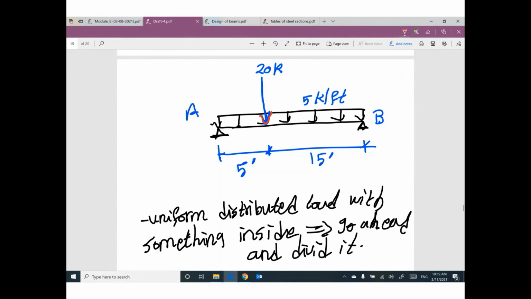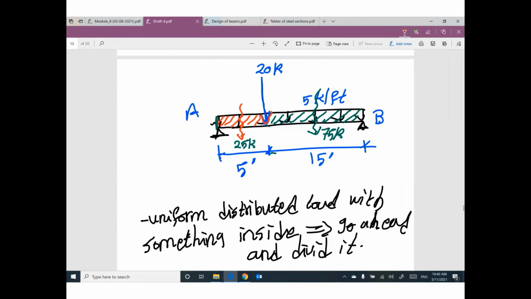What is the equivalent for this part alone? You have to do this. So 5 times 5 will be 25 kip for this part only. 5 times 15 will be 75 kip for this part.